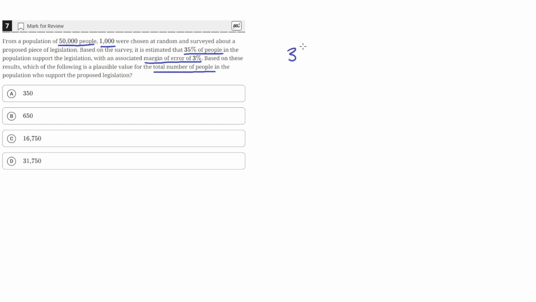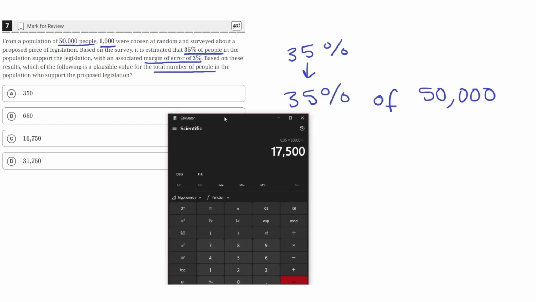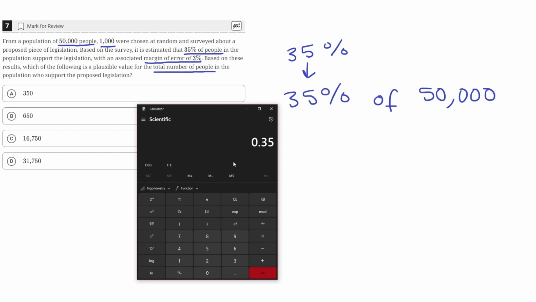So 35% of people in the survey supported the legislation, which means 35% of 50,000 people should give us how many people support the legislation in the total population. So 35% of 50,000, if we put that into our calculator, is 0.35 times 50,000, which is equal to 17,500.